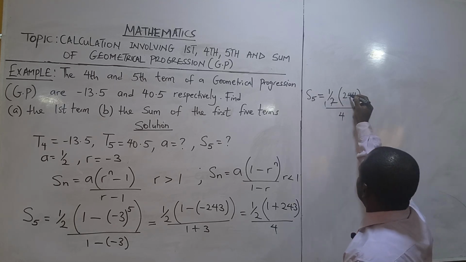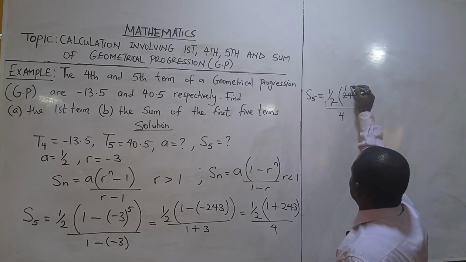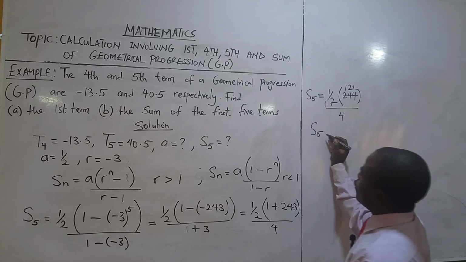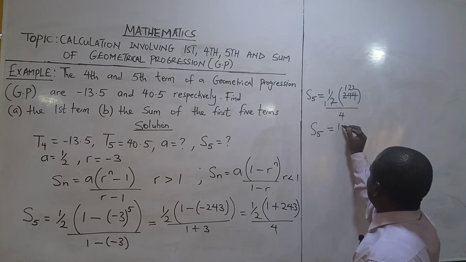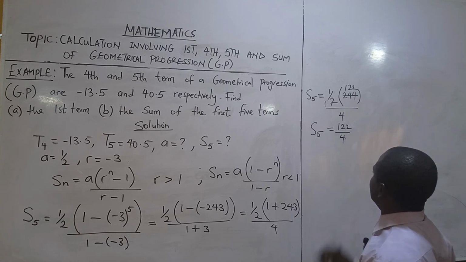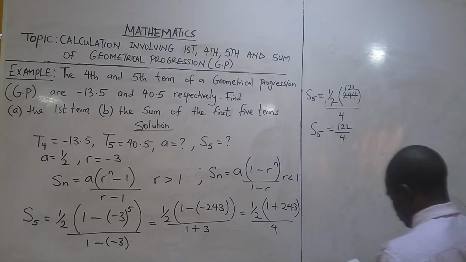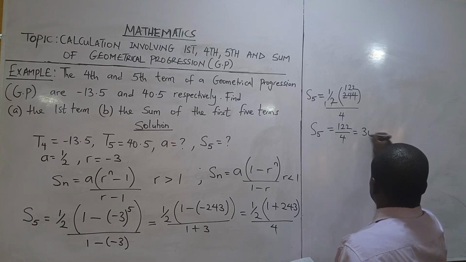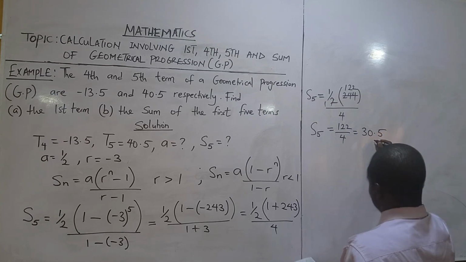Half of 244 is 122. Sum of the first 5 terms equals 122 divided by 4. When we divide that, we have 30.5.